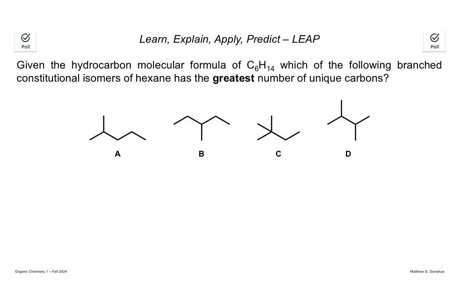So on this slide, it's showing you all of the constitutional isomers remaining for C6H14. So let me backtrack a bit. All the constitutional isomers on this slide are branched. That means when you're walking along the backbone, you hit a different path, so it's branching off.